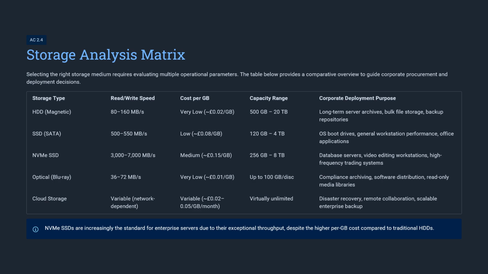Optical storage is mainly used for archiving, while cloud storage offers flexible and scalable backup solutions. The best choice depends on the organization's performance needs and budget.